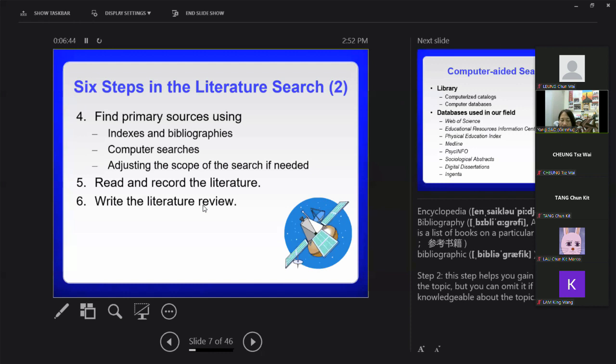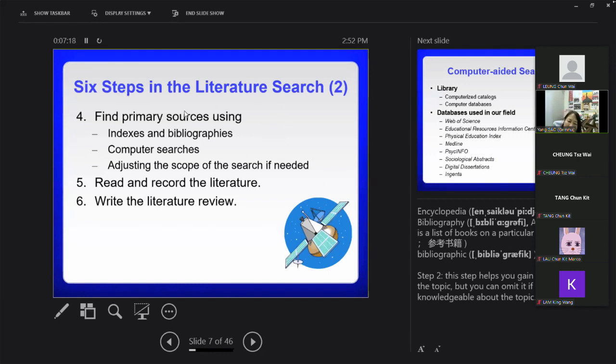And bear in mind, sometimes you may need to make a judgment about the search scope, in terms of the keywords. More commonly, especially for honors projects, I would suggest you use Google Scholar, which is a more efficient, more time-saving approach to the literature search.